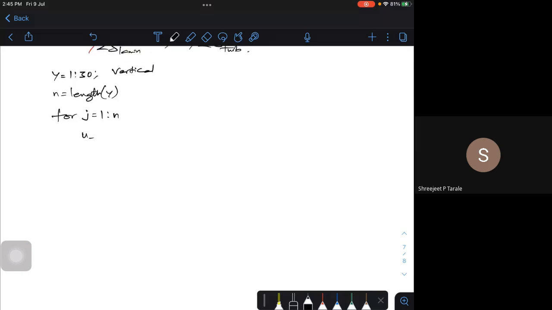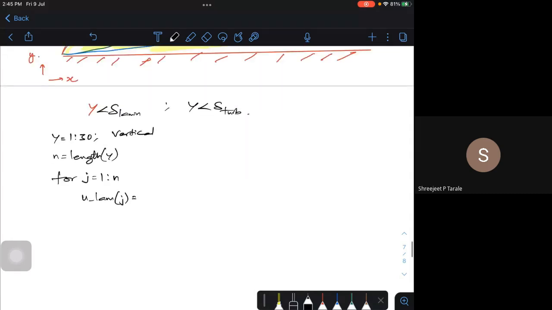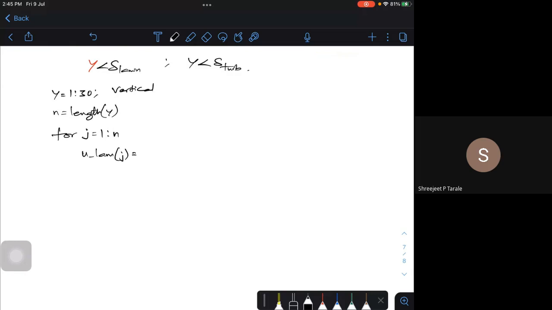If I call this u laminar of j, u laminar of j is equal to velocity divided by delta laminar, square root of delta laminar into y of j. This is for the laminar condition.